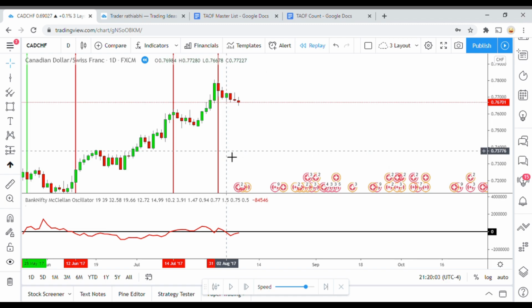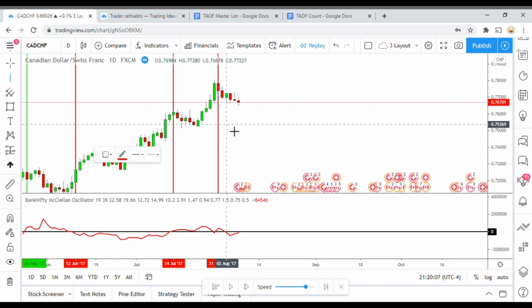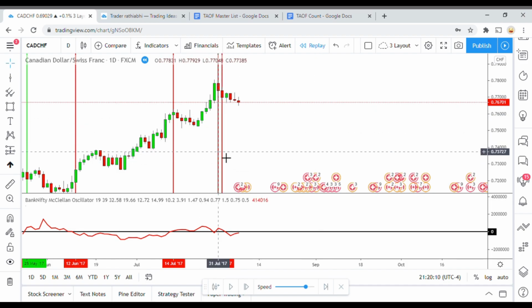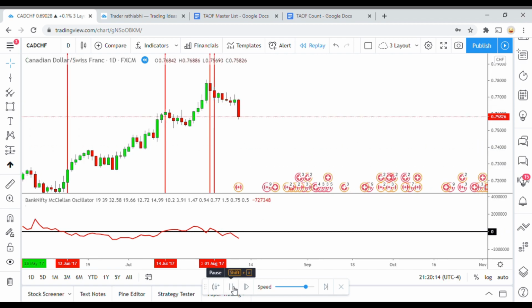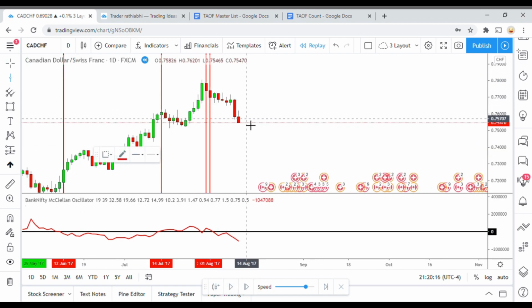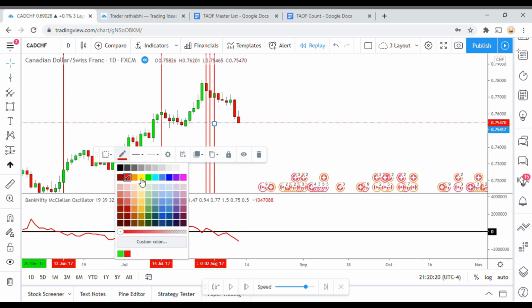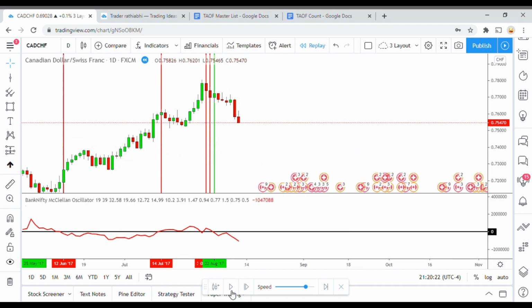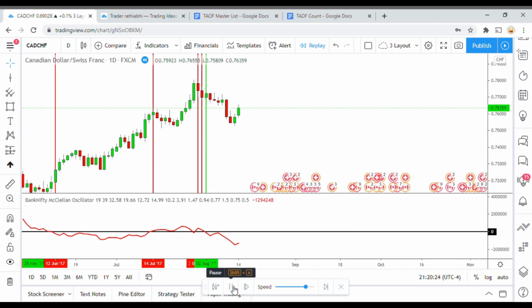That one didn't work out. And let's see. Then along here, then a short there, which is still playing out. And finally, a reasonable trade.